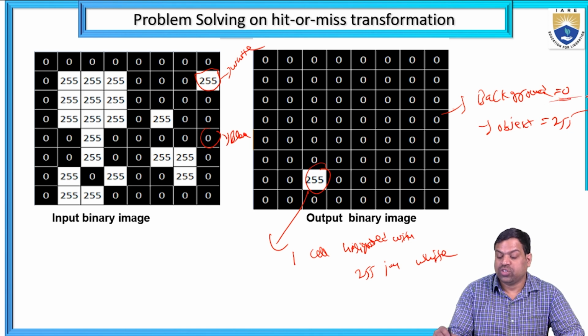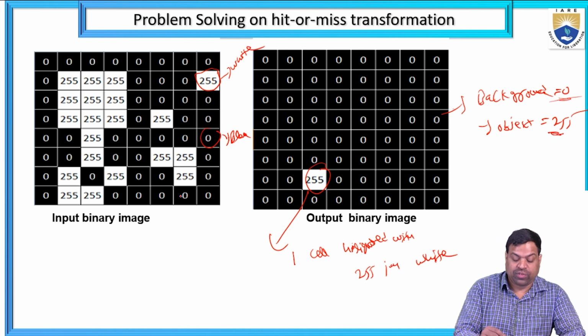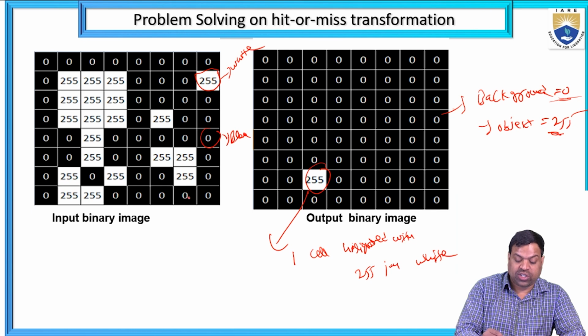Here background equals 0 and object equals 255. Here the majority are more objects.